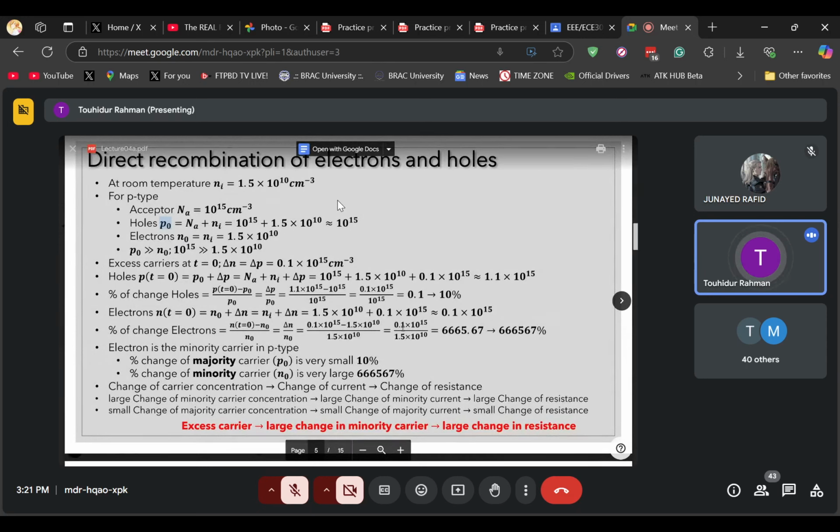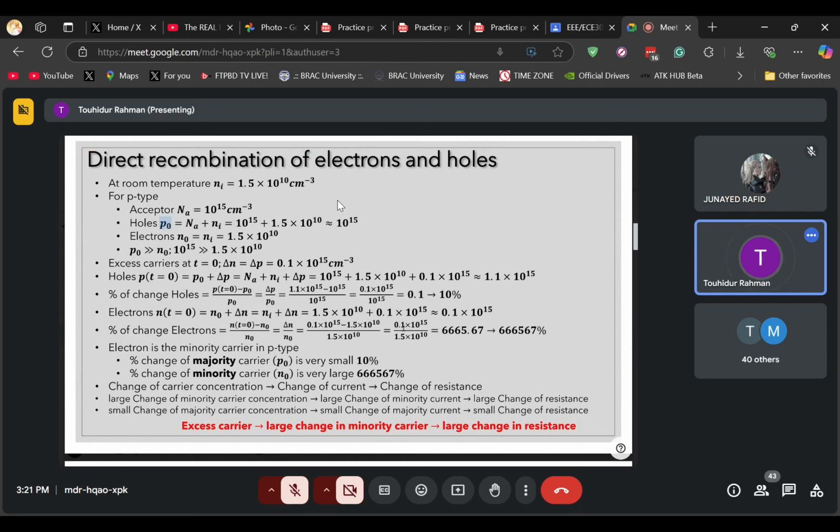You may have to use that equation many times. If not for this exam, for the rest of your life you are going to use it regularly. Anyway, without going through every single detail, we understand that the change in majority carrier is very small, and the change in minority carrier will be very large.